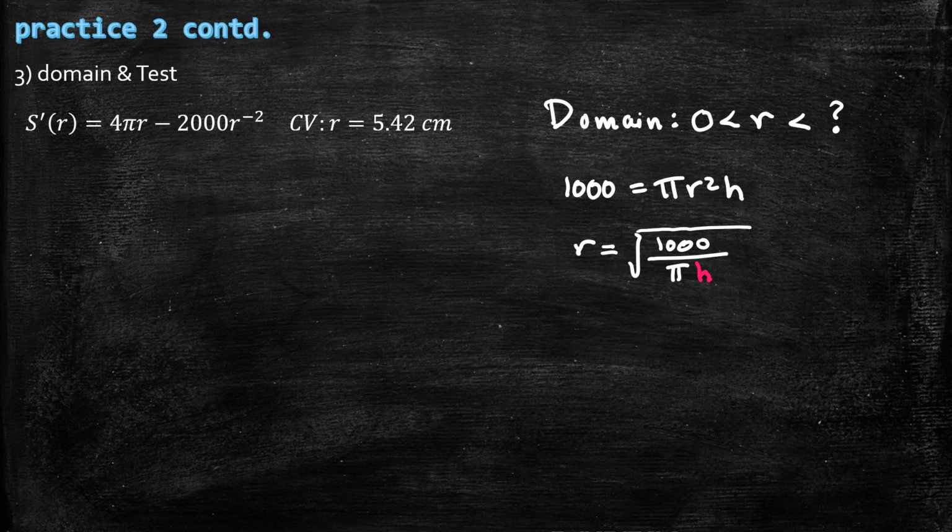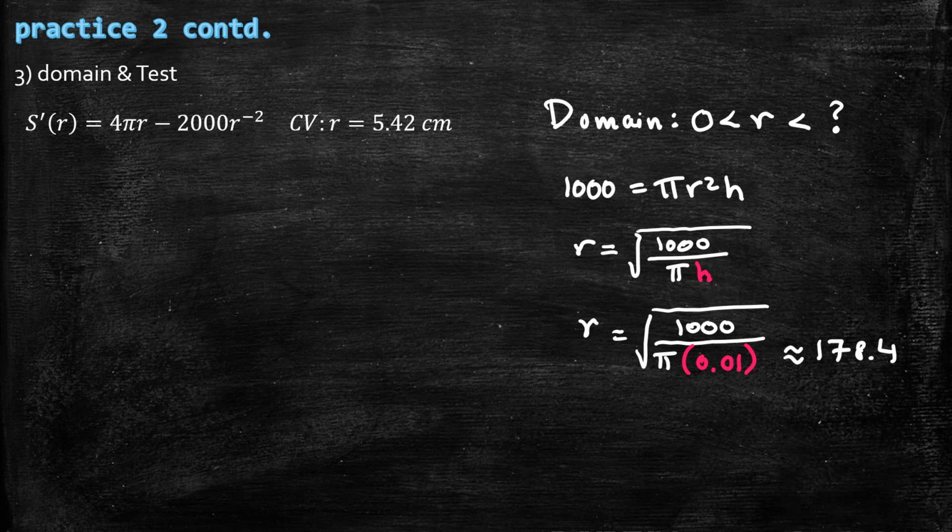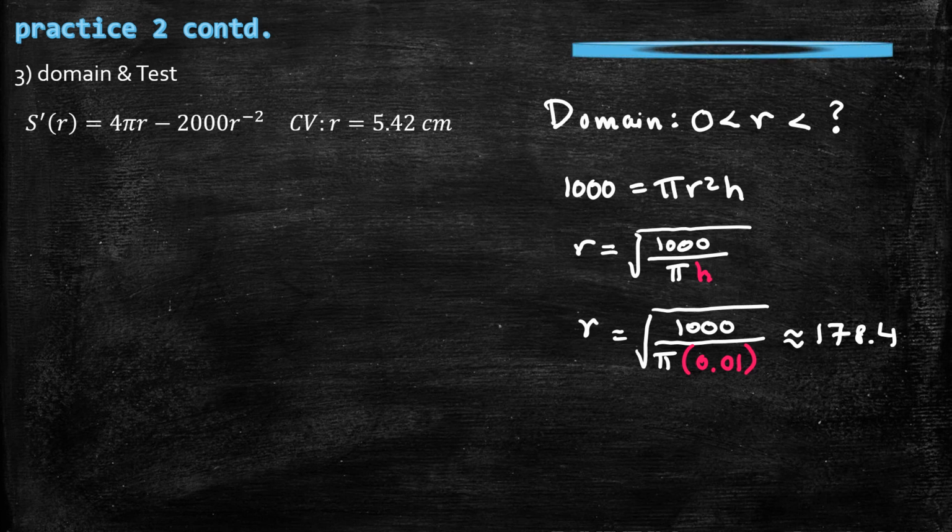And so if we're looking for an upper bound for r, maybe we need to think about small values of h. So I tried a small value of h. I tried 0.01, plugged that in, and found that the radius would be 178 centimeters. If you can imagine this cylinder, it would look almost like a pancake, right?